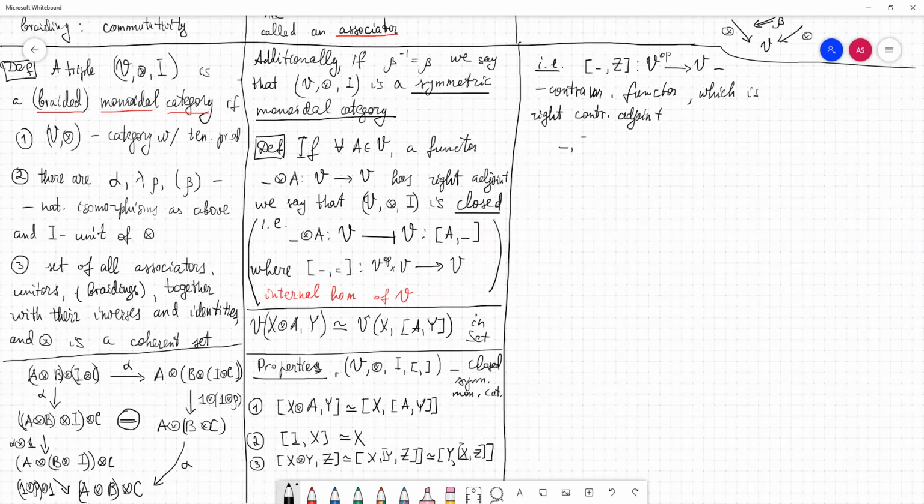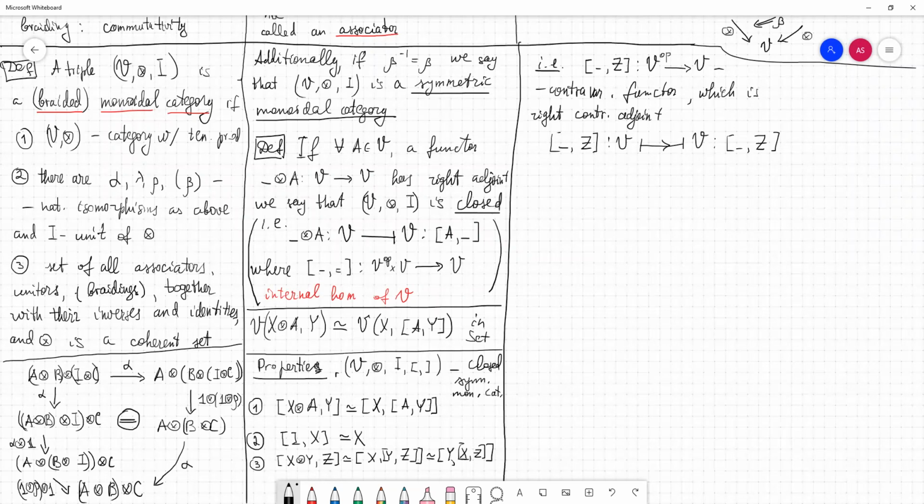As we had this notation before, I'm drawing the arrow in the direction where it is adjoint. So we have such an adjunction, which is given by formula 3 precisely. So when we fix the contravariant component in the internal home, then it has a left adjoint, which is a tensor product.